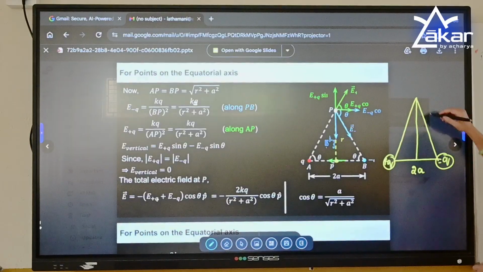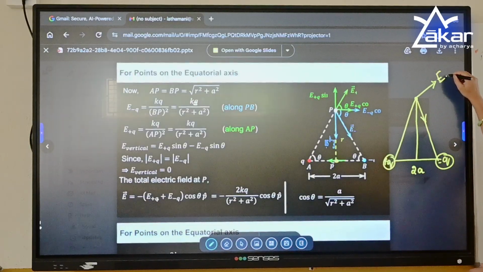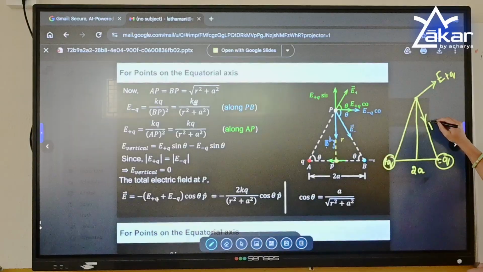Here is the point, that is the test charge. Minus and plus attraction shows this direction, then plus shows the direction this side. So that is E plus Q, and this is E minus Q. We have to write the resultant components for this.